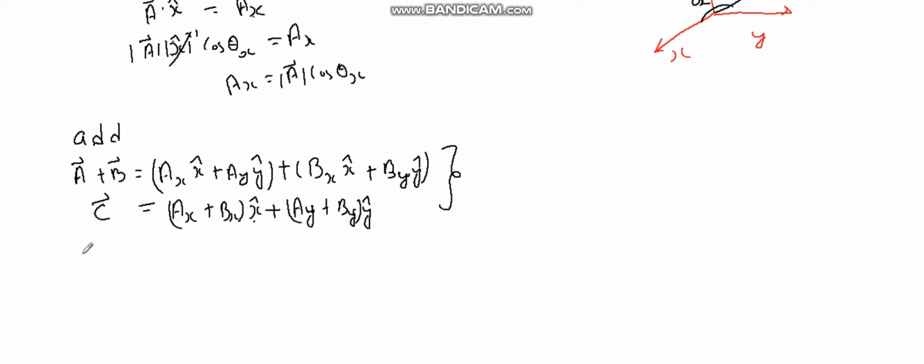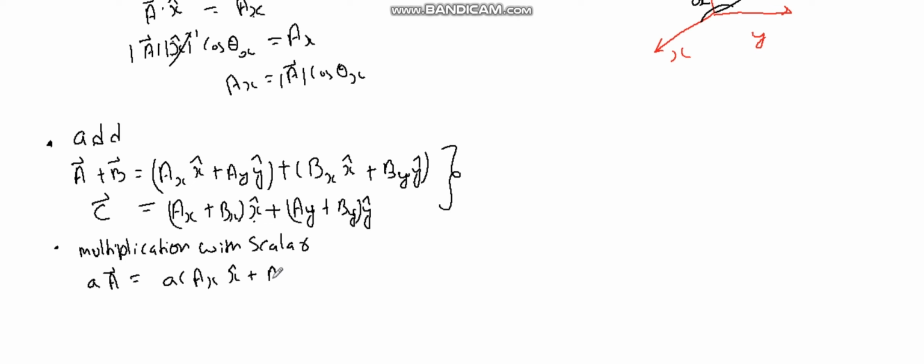So how do we multiply with a scalar? This is the addition, the first thing. The second is the multiplication with a scalar. So a times vector a will be a times ax x cap, ay y cap.